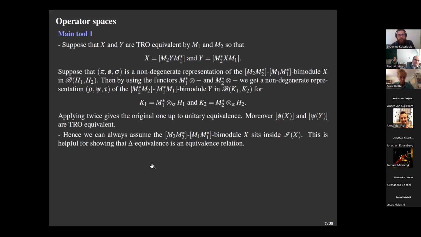So phi is a representation of X. So it would be a completely contractive map into B of H1, H2. Okay. And sigma is a star representation of M1, M1 star on B of H1. Okay. And pi on H2.